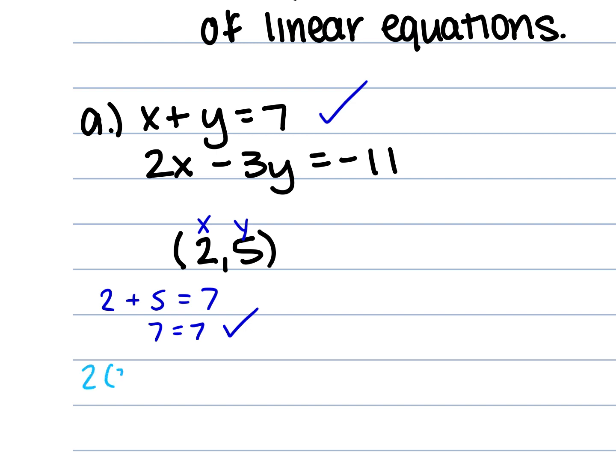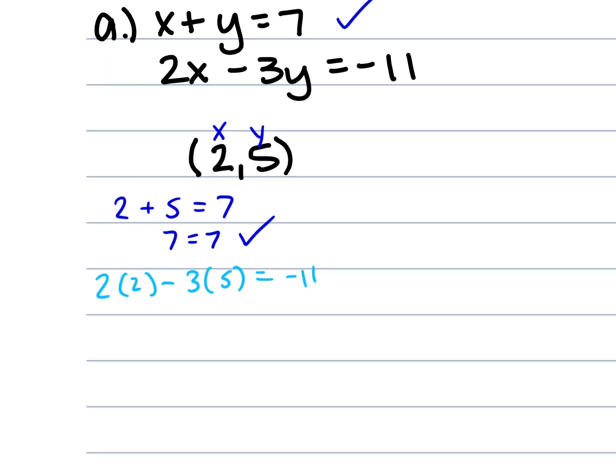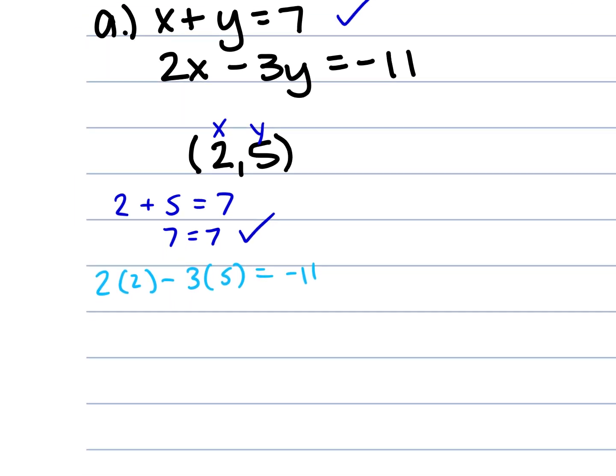So I have 2 times 2 minus 3 times 5 is equal to 11. 2 times 2 is 4 minus what is 3 times 5? 15. And what is 4 minus 15?